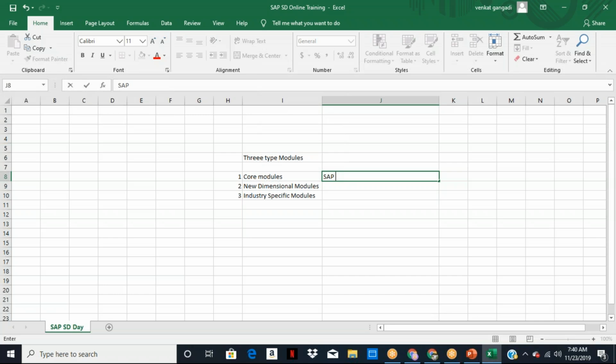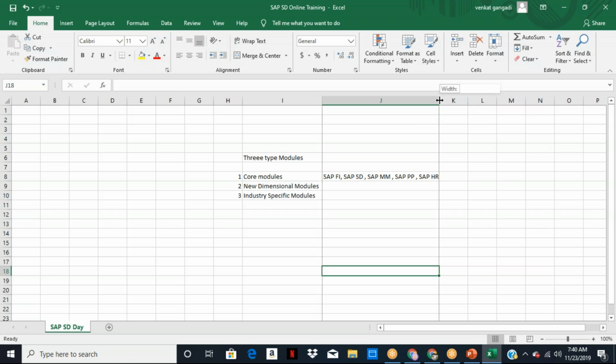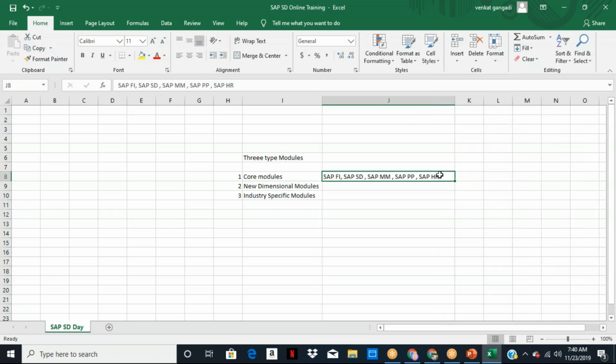You can say SAP FI, SAP SD, SAP MM, SAP PP, and also SAP HR. These are called the core modules of SAP ERP.